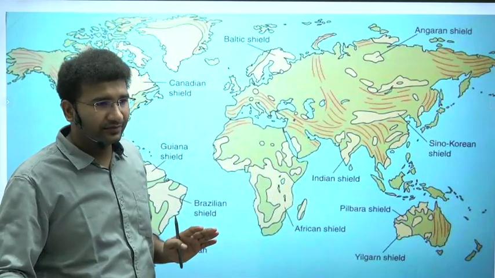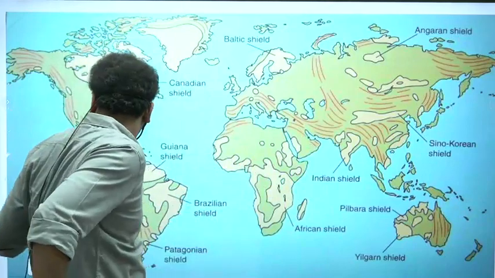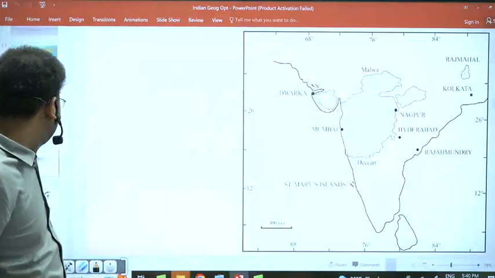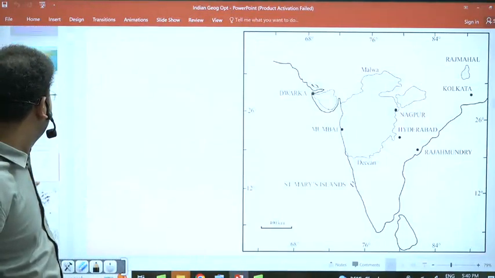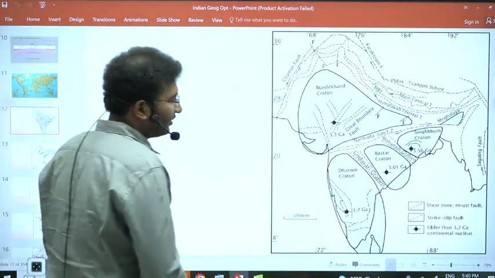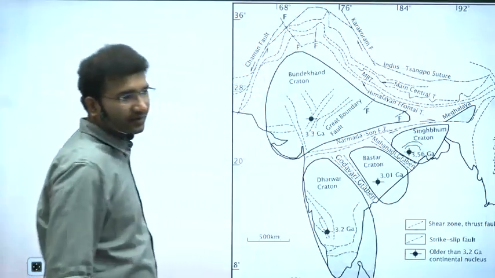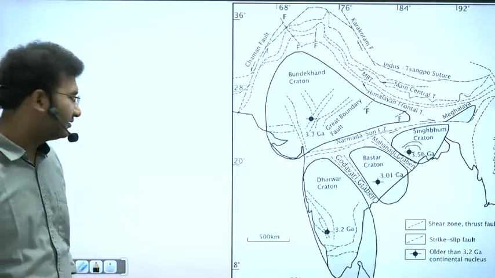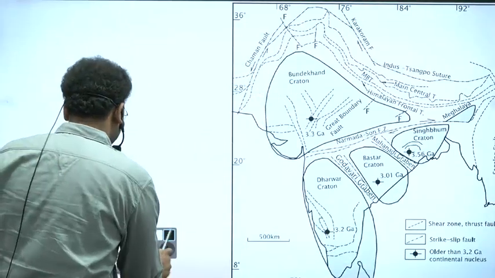Any doubts here? Now coming to the topic, India is a collection of 5 different cratons. Now what is the original landmass of India? This is the original landmass of India.